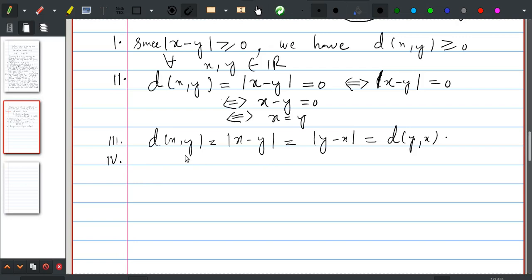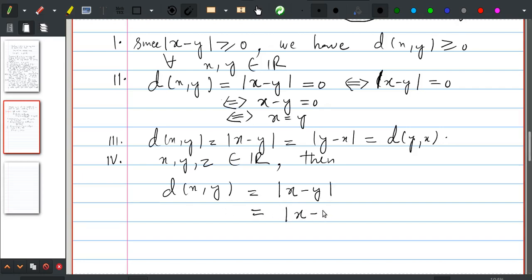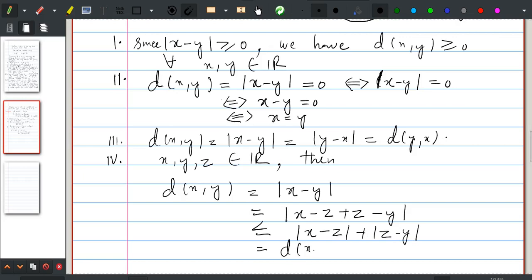And finally, if we have x, y and z as real numbers, then d(x, y) is equal to the absolute value of x minus y, which is the same as the absolute value of (x minus z) plus (z minus y), which is less than or equal to the absolute value of x minus z plus the absolute value of z minus y, which is equal to d(x, z) plus d(z, y).